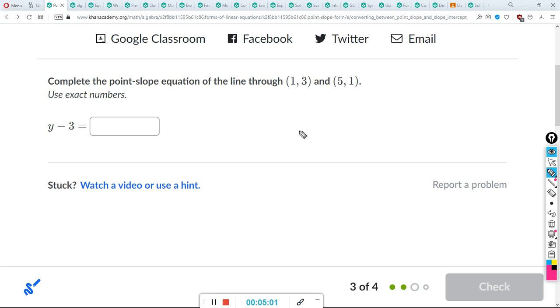So always start with slope. m is going to be the change in y over the change in x, and subtract going in the same direction both times. The first number is x, the second number is y. So for change in y, I'm going to do 3 minus 1.